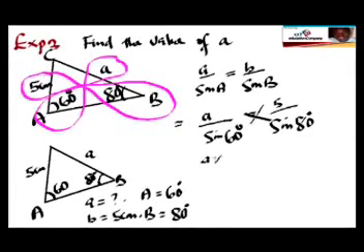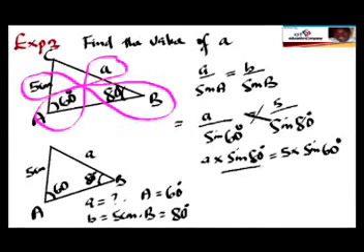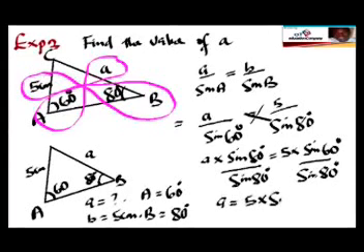I have a times sine 80 degrees is equal to 5 times sine 60 degrees. Now let me divide both sides by sine 80 so that I can make a my subject of the formula. Here I'll have a to be equal to 5 times sine 60 degrees divided by sine 80 degrees. Let me quickly see what I'm going to have. Finally, let me remove this dumbbell shape here.